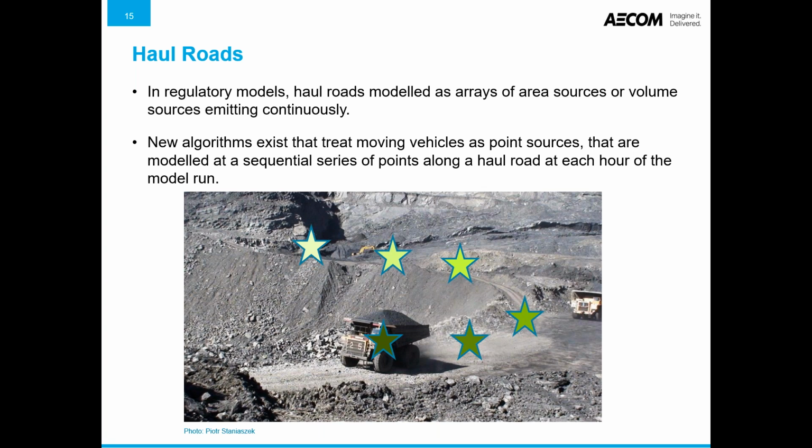Often haul roads are not super busy, and it is possible to isolate the sources and model them individually. I forget what the number is, but it reduces concentrations by something like 30%, which is a substantial margin.